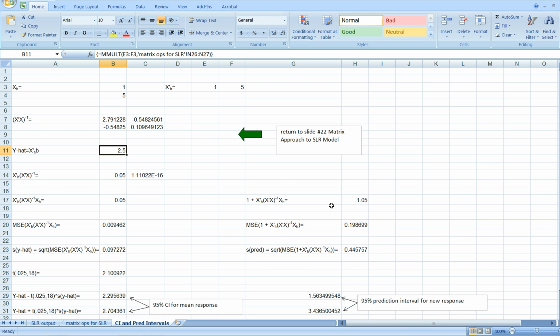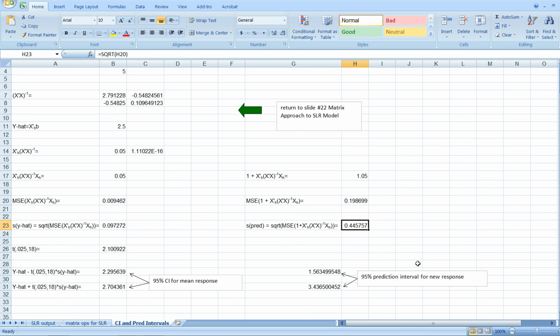And indeed, we add this additional mean squared error. We take the square root of that, and we get a larger value. And the upshot, you can see, if we take our 2.5 and add and subtract now our error term, we get a lot wider interval.